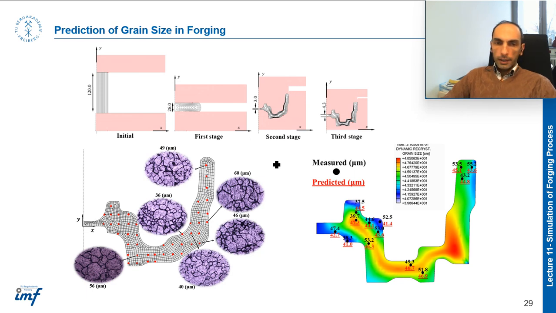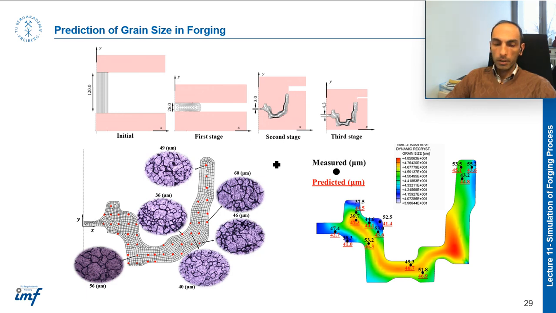The essence of this slide is just to show that the simulation is not only limited to the strain rate, temperature, and so on. You can develop your subroutine based on these state variables to calculate whatever you want at the microstructure level.